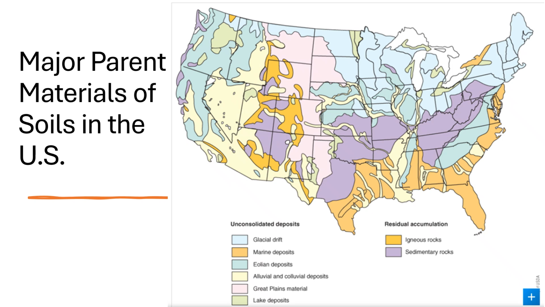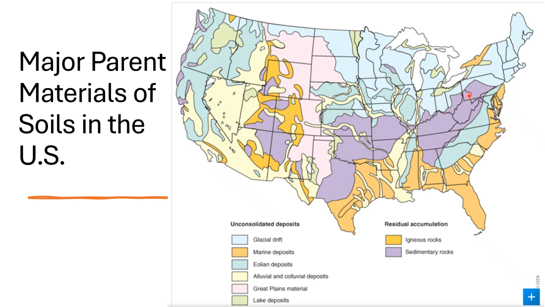This map is a fantastic visual representation of the major parent materials that have given rise to the diverse soils across the U.S. Each color represents a different origin story for the soil, whether it's formed from ancient rock, wind-blown dust, glacial deposits, or river sediments. You can see how dramatically it changes from one region to another, explaining why soils in Iowa are so different from soils in Arizona, for example.